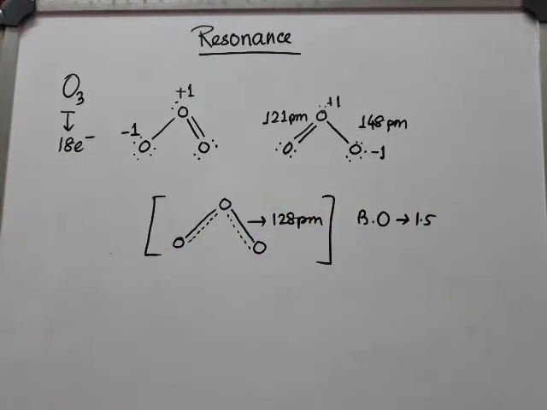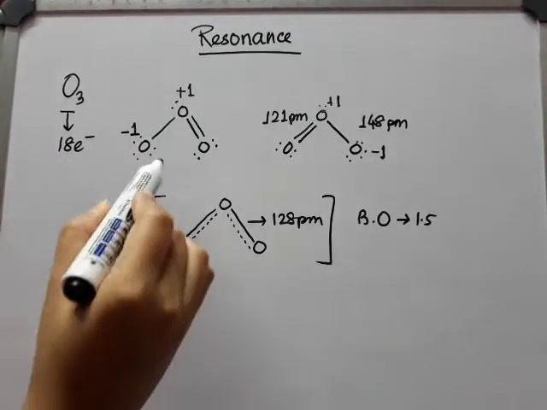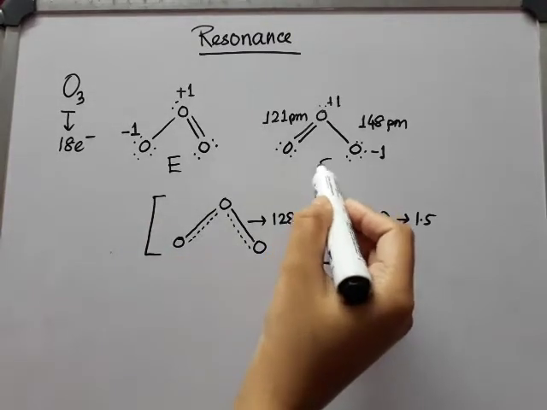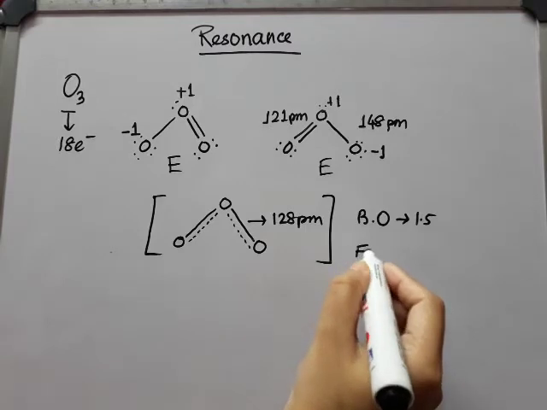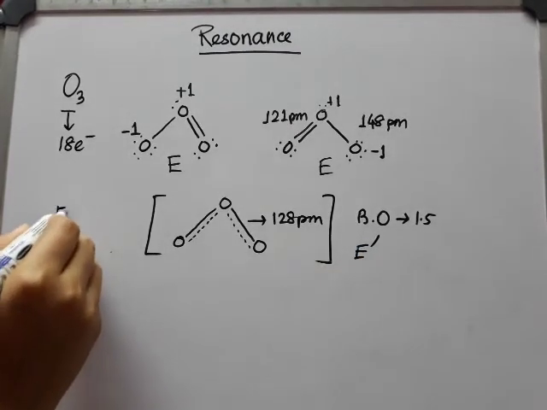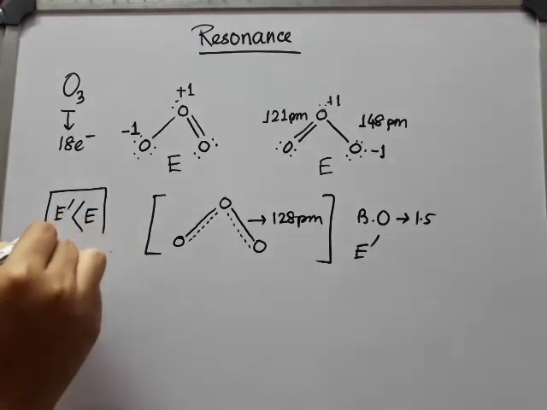Now if we calculate the energies of these 3 structures, the first one suppose is E, the next one is also equal to E, but for this structure it is equal to E', and it is found that E' is less than E, and this is very important.